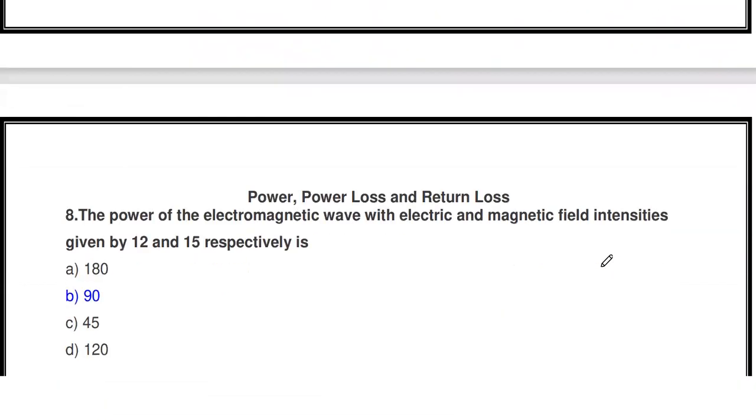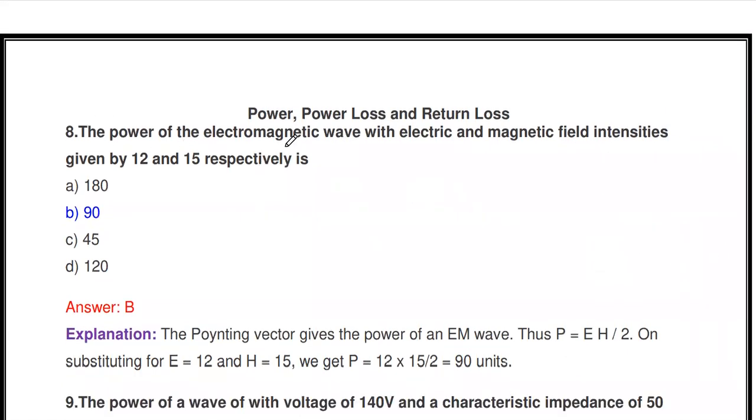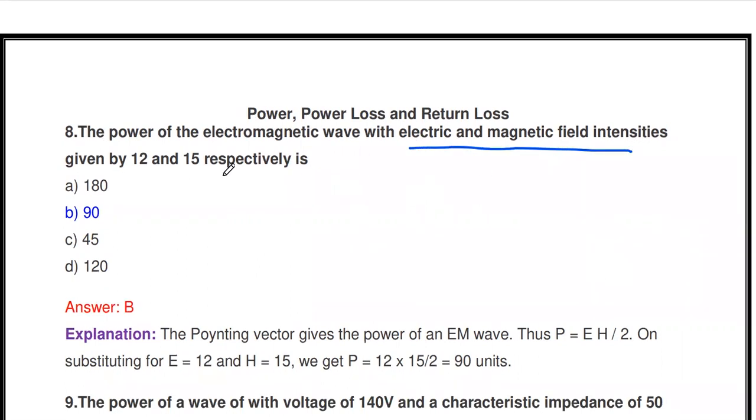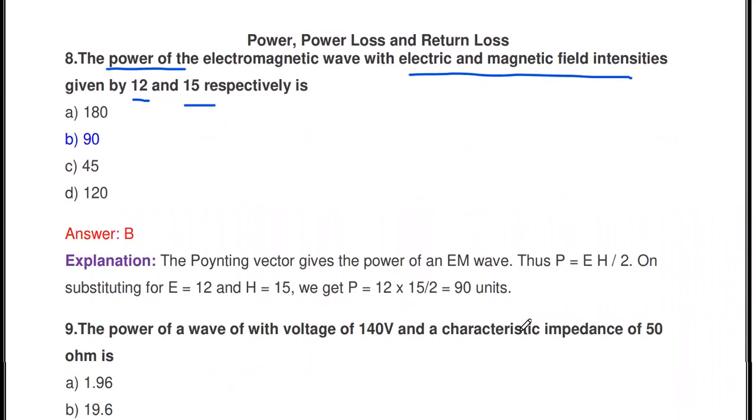The next question: the power of an electromagnetic wave with electric and magnetic field intensities given by 12 and 15 respectively is dash. Here the electric and magnetic field intensities E and H are given as 12 and 15, and we have to calculate the power of the wave.